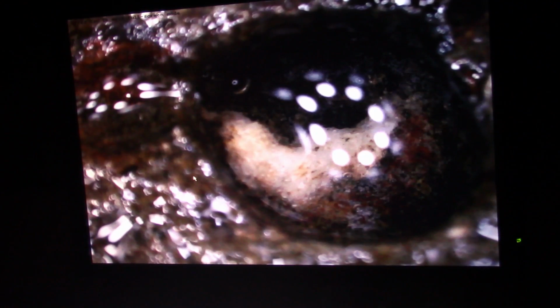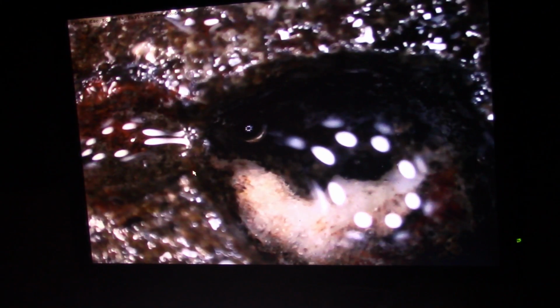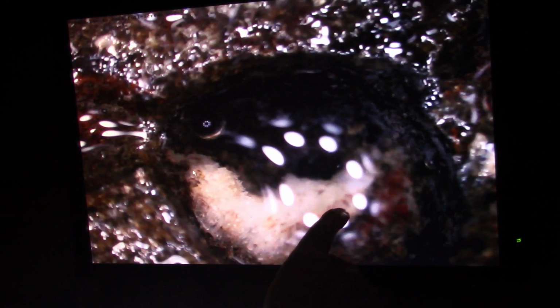But I really can't get, I don't think, any closer than that. Well, a little bit closer. Well, you can see it's bubbling off. See the bubbles coming out of there?